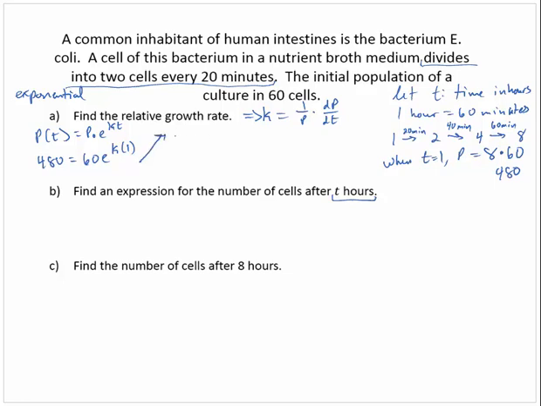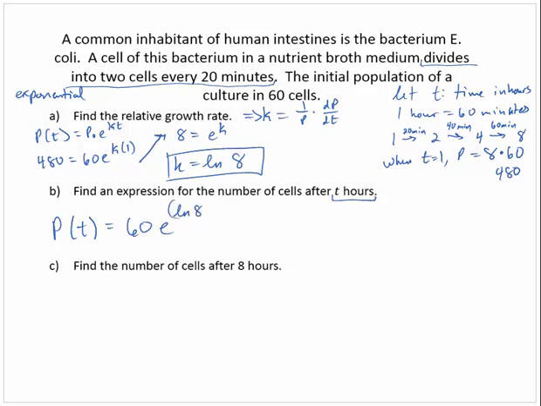Dividing by 60, 8 would equal e to the k. Solving by applying the natural log, we find that k is the natural log of 8. And that is the relative growth rate. So an expression for the number of cells after t hours would be P of t equals 60 e to the natural log 8 times t.